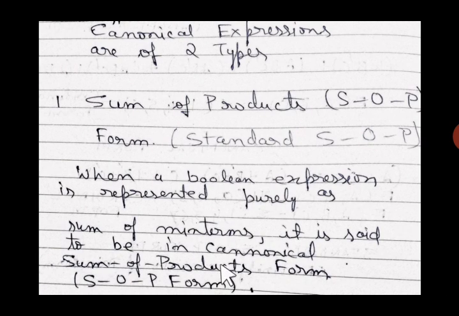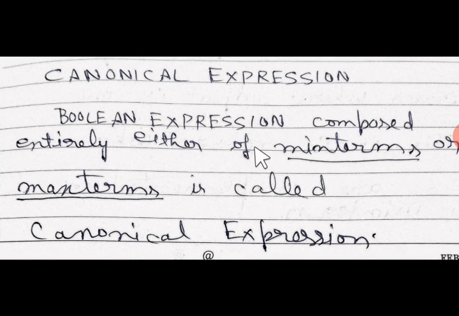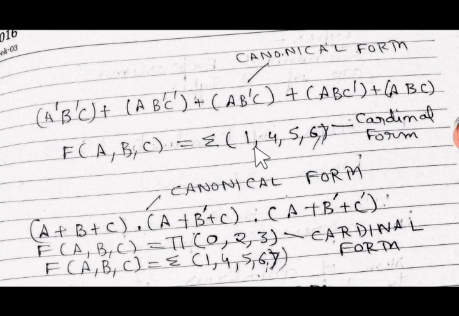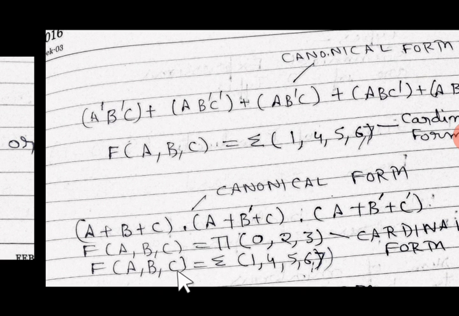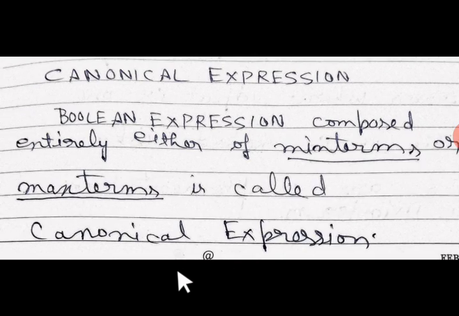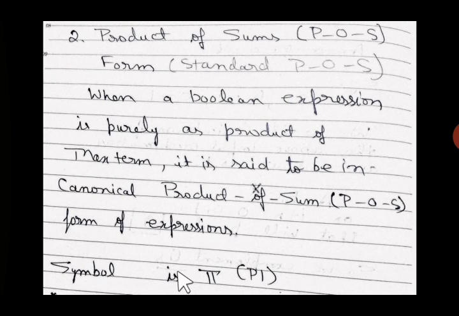Similarly, the symbol for sum of product is sigma. So always remember that. Whenever you see pi, that means I am talking about POS. And when I am talking about sigma, that means I am talking about SOP. So I hope everybody has a clear idea of the SOP and the POS form.